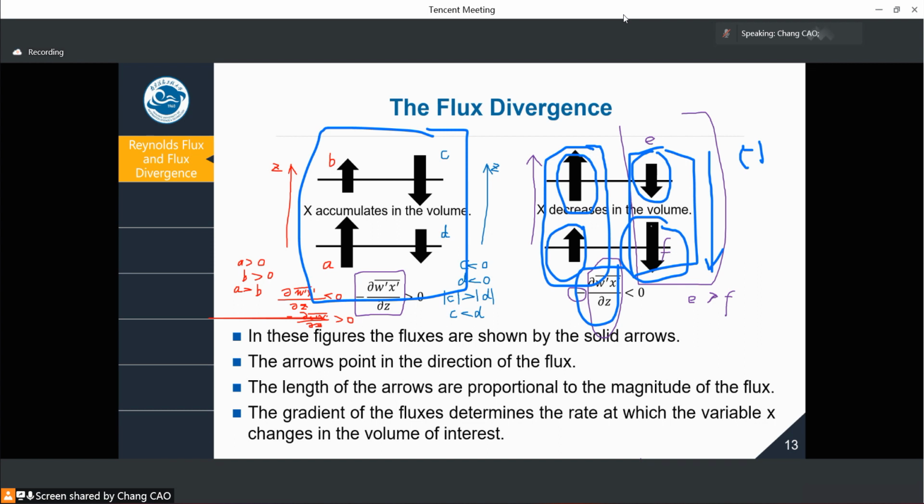Okay, so if we just look at the length of the arrow, we will know that the absolute value of E is smaller than F, right? But since E and F are both smaller than 0, actually E is bigger than F. Can you understand?